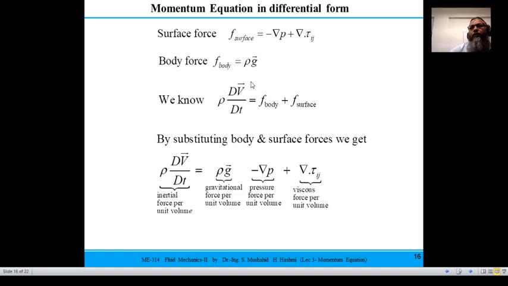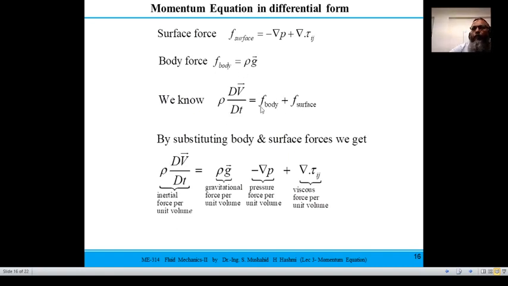This term is the inertial term, because it is the material derivative of the velocity. Density carries the mass, and mass times velocity change is the acceleration, so it is the force per unit volume, because it is the mass per unit volume. So this term we call the inertial force per unit volume.